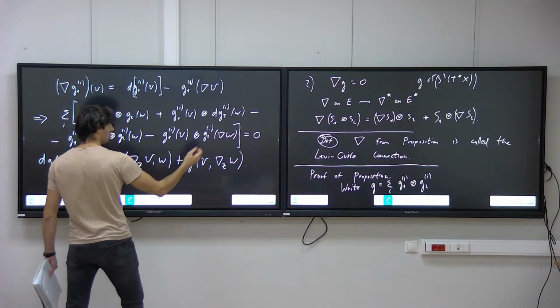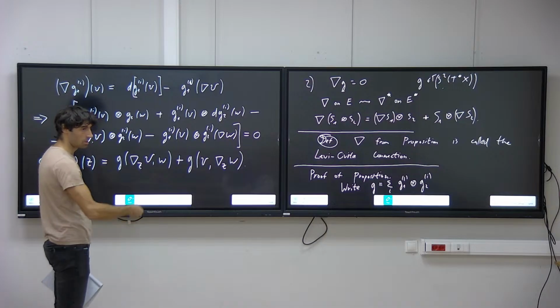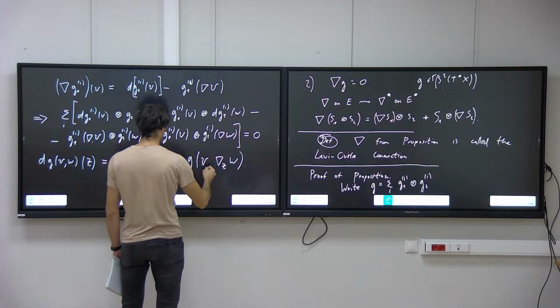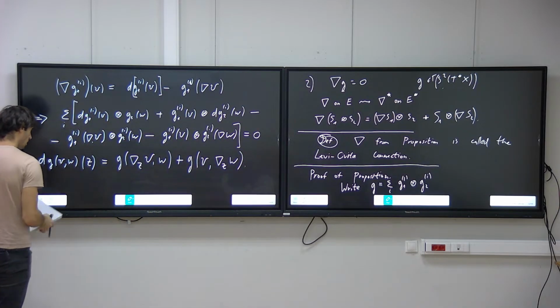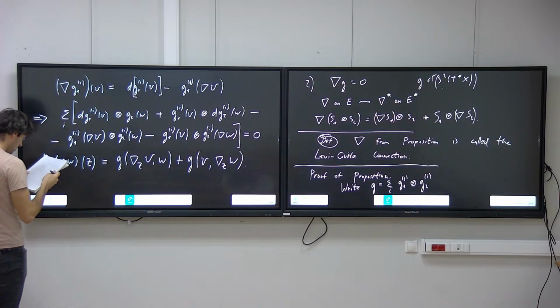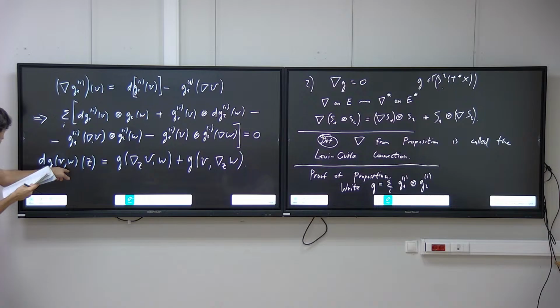So now this is the same as this. Actually, we can go backwards. So this is just really what 2 means. If I do all this work, now what does it mean to take dg vw and relate it to z?